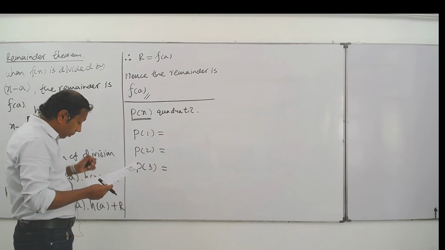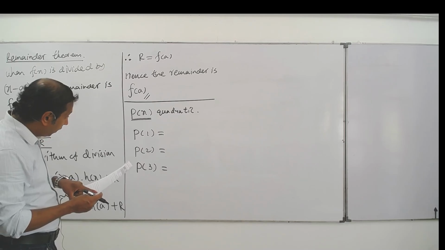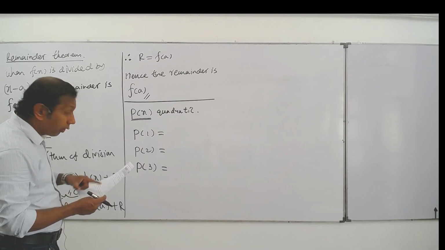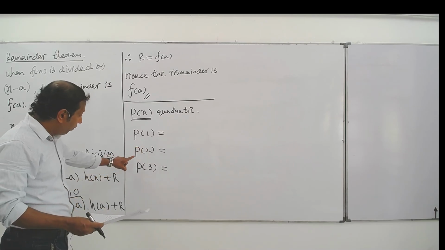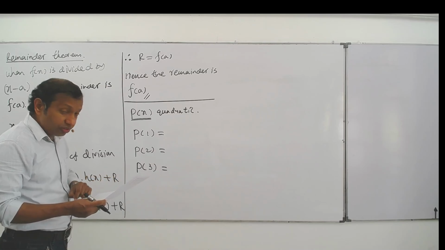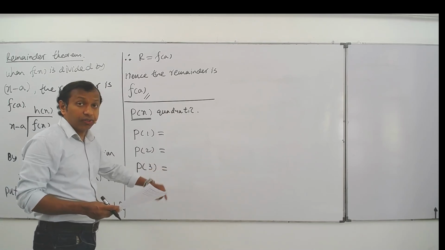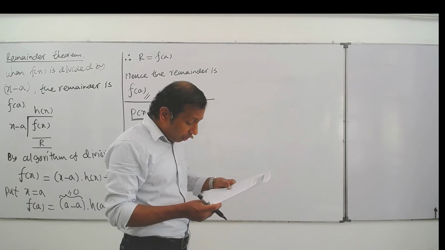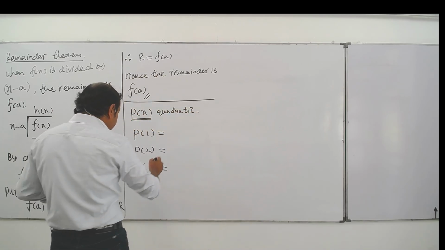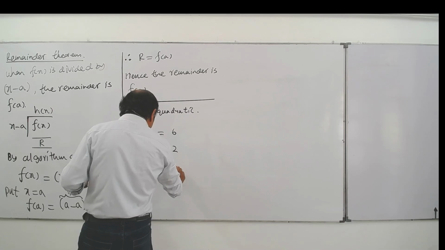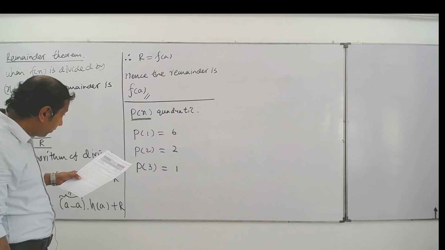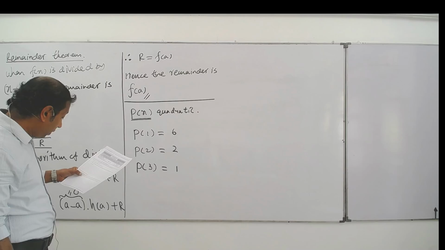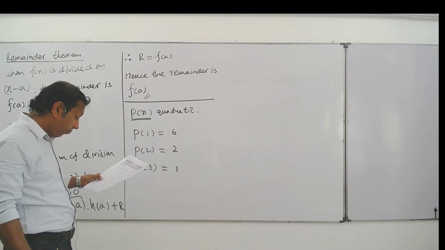According to the remainder theorem, we can write the remainders as p(1), p(2) and p(3). So the respective remainders are given as 6, 2 and 1. P(1) should be 6, p(2) should be 2, p(3) should be 1.